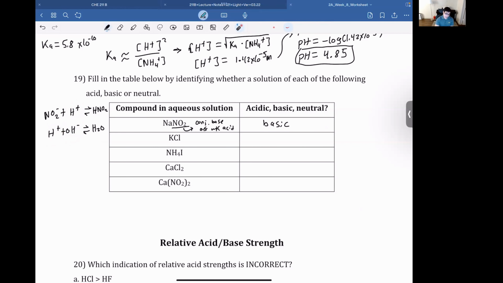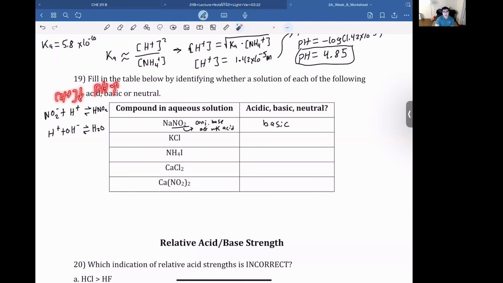You have more OH minuses. So the solution is therefore basic, right? You can explain this with Le Chatelier's principle. You can explain it with pH too, right? If the number of hydrogens goes down, then pH goes up.